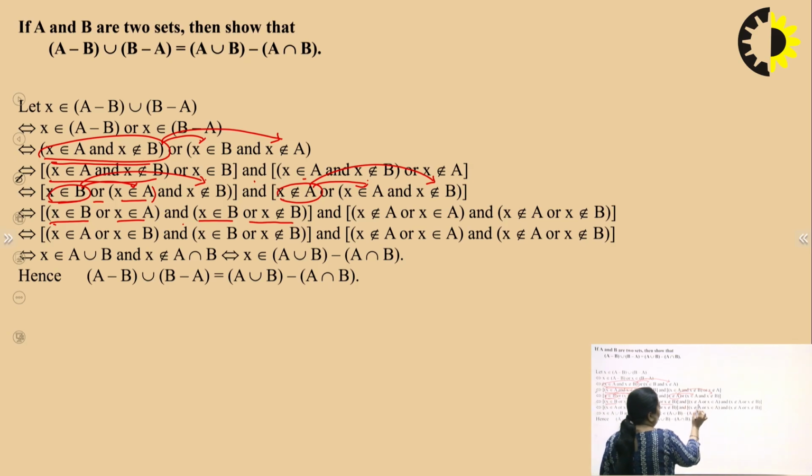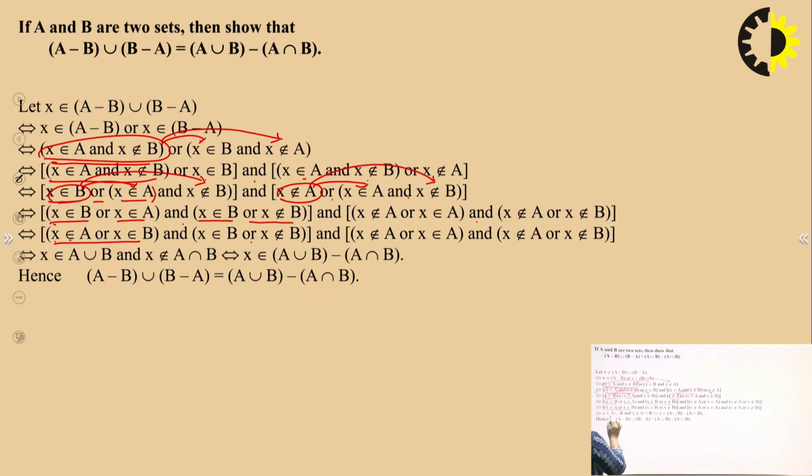So x does not belong to A, or x does not belong to A, or x does not belong to B. Now x belongs to A or x belongs to B, we have just used the commutative law here, changed, and x belongs to B or x does not belong to A. Similarly we have written here as it is.